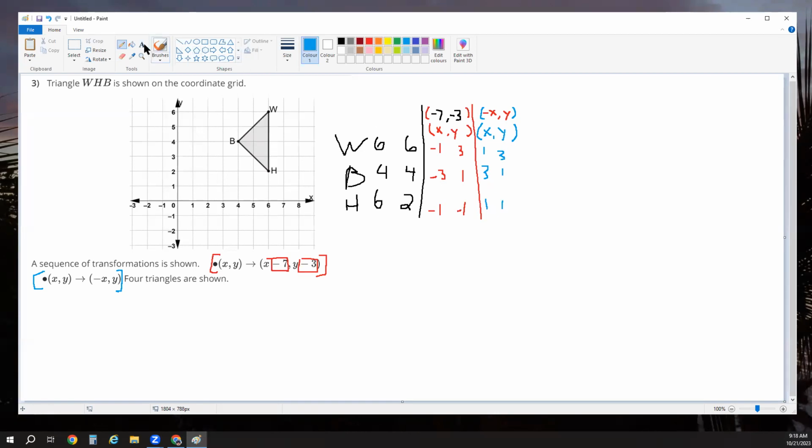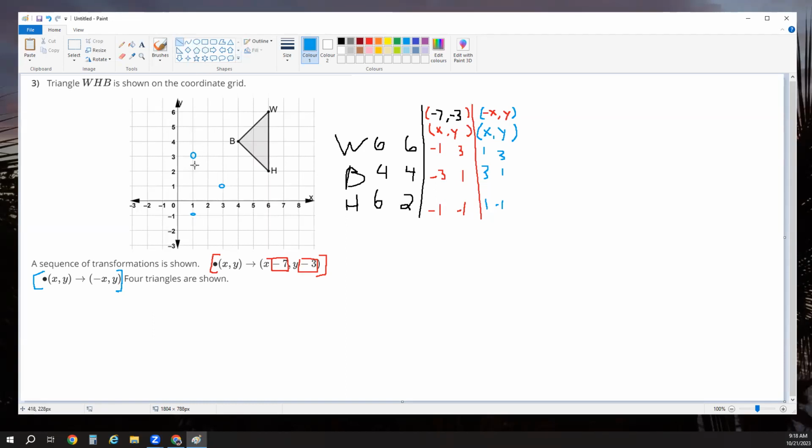Let's plot it. Okay, so 1 and 3. 3 and 1. 1 and 1. Oh, wait, there's a mistake. This should be negative 1. 1 and negative 1.